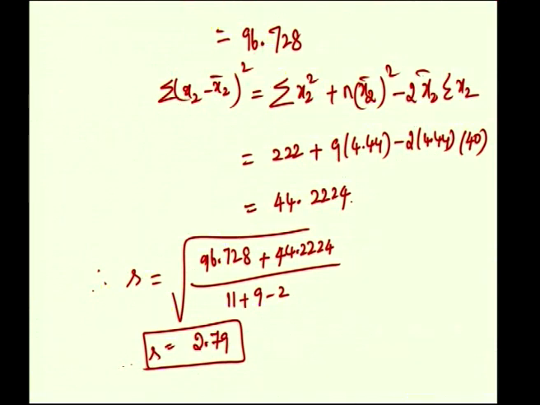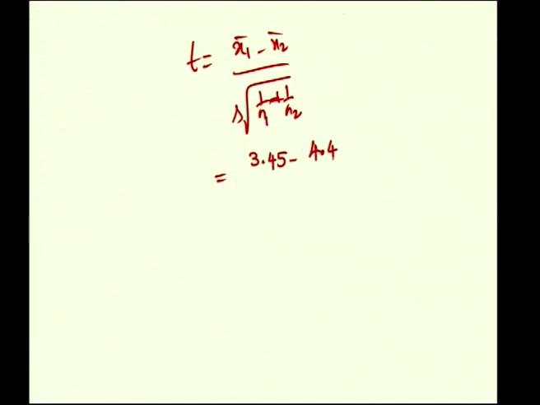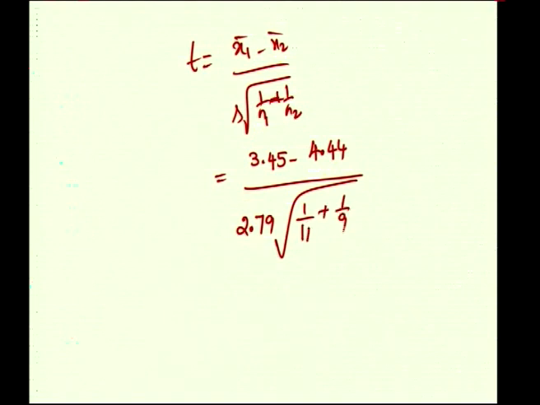Therefore, now T is equal to x1 bar minus x2 bar by S into root of 1 by n1 plus 1 by n2. Substitute the x1 bar value: 3.45 minus 4.44 by S, which we have just now found out as 2.79, into root of 1 by 11 plus 1 by 9.